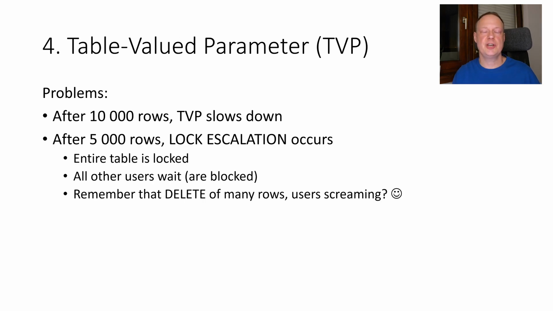And if you change more than 5,000 rows at once with a single command, let's say update or delete or insert, it is very likely that lock escalation will occur. That means the entire table will become locked and all other users on the database who want to access this table, who want to change this table, will be blocked.